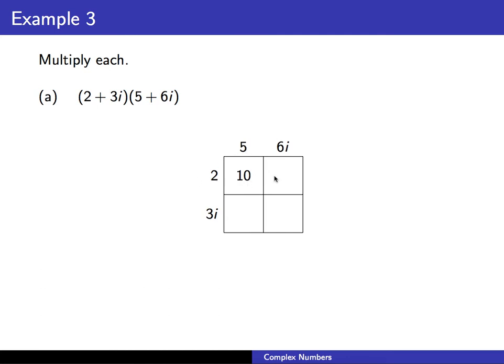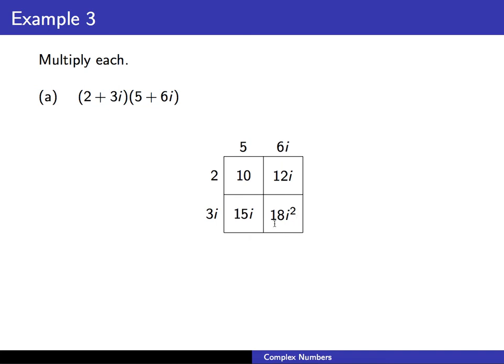2 times 6i gives us 12i. In the next row, 3i times 5 gives us 15i, and 3i times 6i is 18i squared. This is just a way to help keep you organized with your multiplying. Now, we see the 18i squared here, and as we talked about earlier, i squared is negative 1.